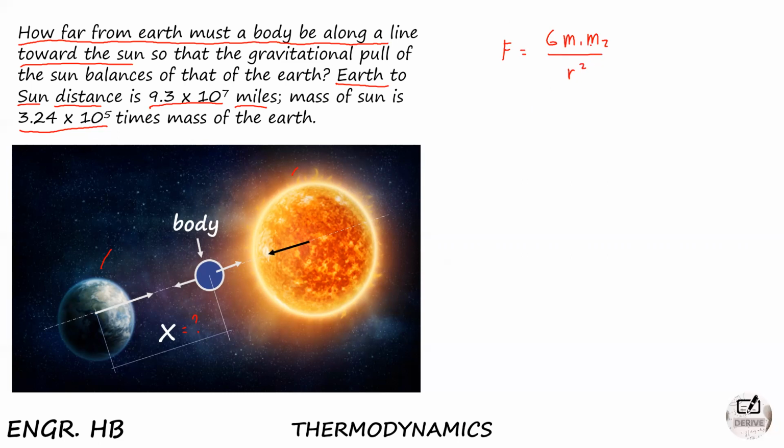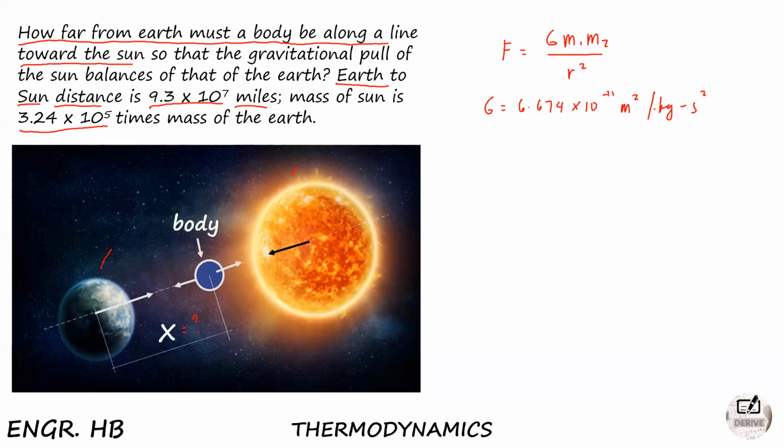So ano-ano ba yung mga parameters na to? Of course, yung F is yung force, and yung G is the universal constant, which is G is equal to 6.674 times 10 raised to negative 11 meters cubed per kilogram second squared.